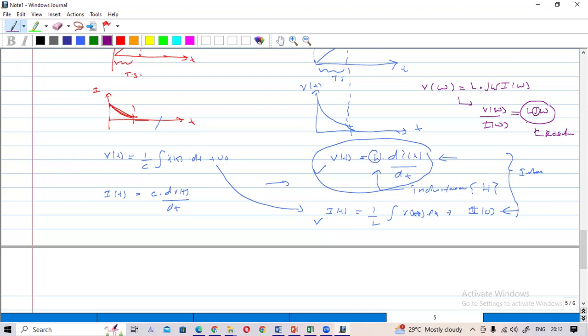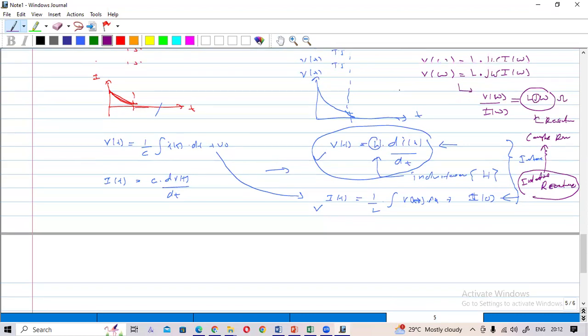It is an imaginary or complex value, a complex resistance. This is measured in ohm, but it is a complex resistance. So normally we use the word reactance here also, but this will be an inductive reactance. Inductive reactance. So this is what you need to keep in mind.